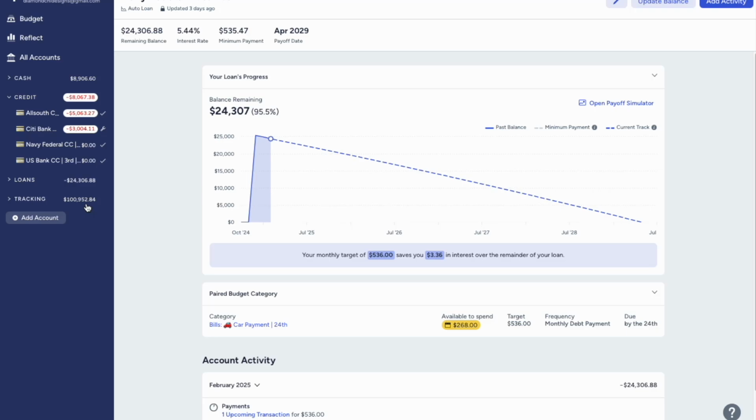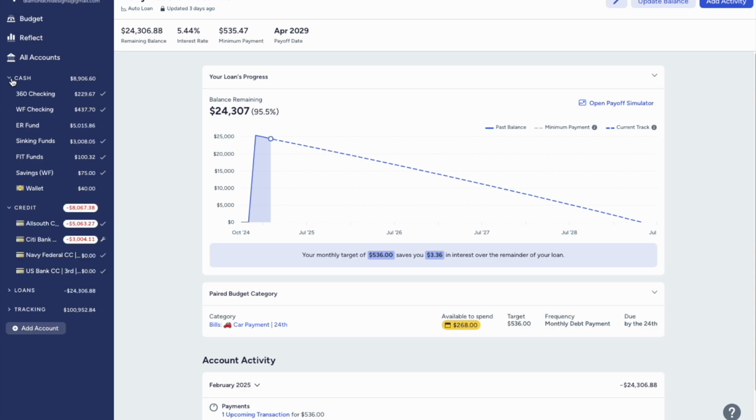So every now and again I'll look at the account balance and I will reconcile it similar to how I do my auto account. I'll go in here, I will update the balance to reflect whatever it currently is, whether that's an increase or a decrease, and then I will reconcile from there. So those are all my accounts reconciled.